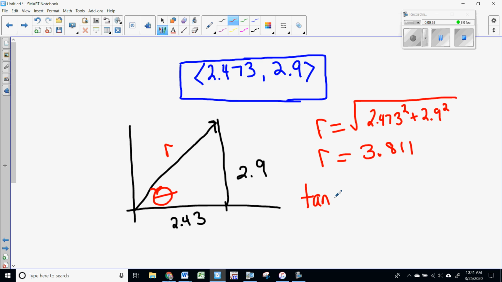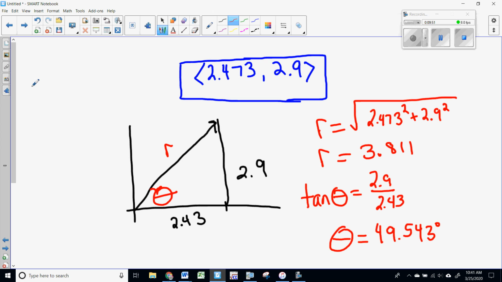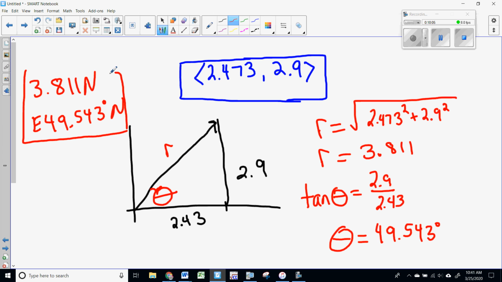To find my angle, I use tangent of 2.9 over 2.473, and I will use the inverse tangent here on the calculator, and then I get 49.543. So my answer is 3.811 newtons, and then east 49.543 degrees north, and there's my final answer.